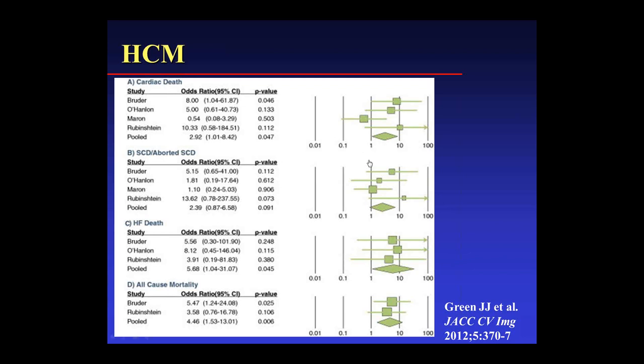And what this meta-analysis showed is that the presence of any scar just barely predicted cardiac death of any cause, didn't quite reach predictive value for sudden cardiac death, did predict heart failure death, and did predict death from any cause. So this is with close to 1,100 patients.